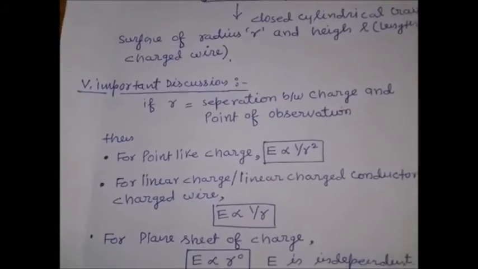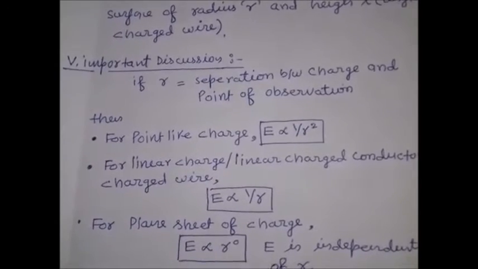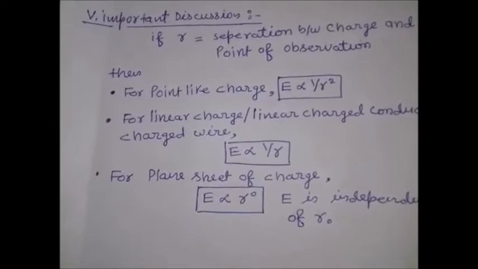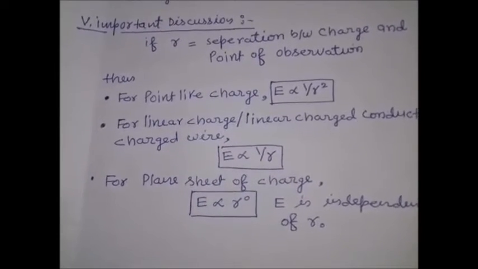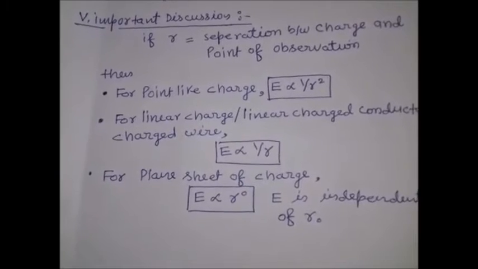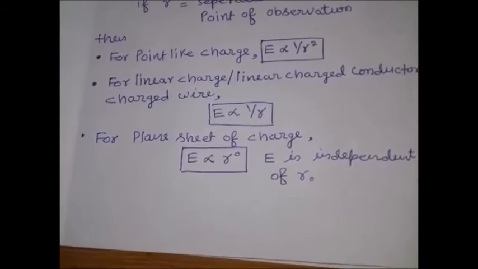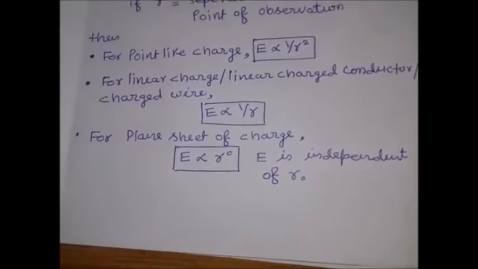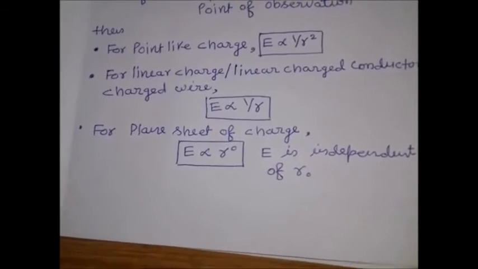Now some very important discussions. You see, everywhere small r is the separation between charge and the point of observation. Okay, so for point-like charges, electric field is always inversely proportional to the square of the separation, but for linear charge or linear charged conductor or charged wire, all are the same.